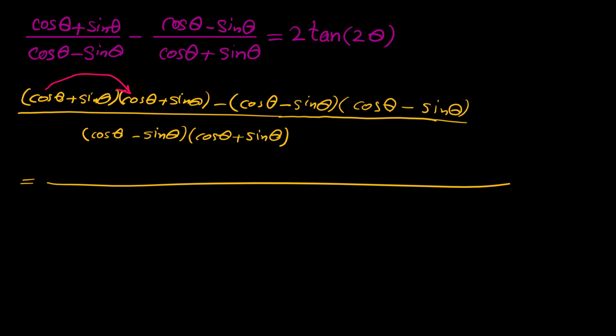Cosine times cosine is cosine squared. And we have cosine times sine. Then we have sine times cosine, which is the same as cosine times sine. So we have 2 of these terms, so we have 2 cosine theta sine theta.